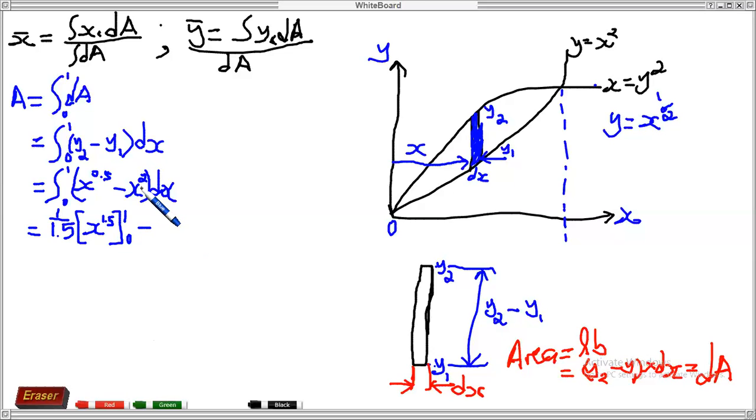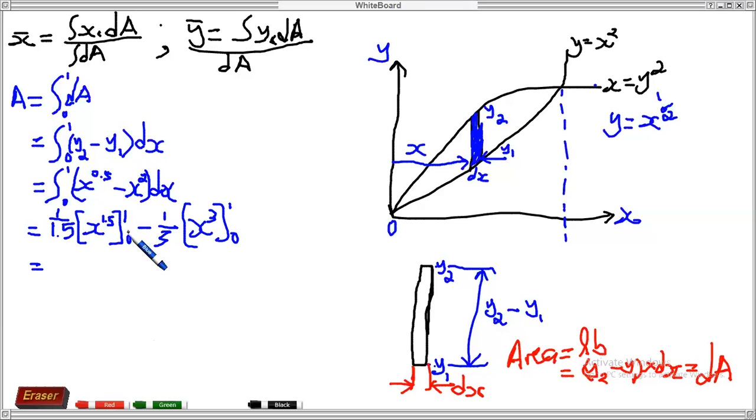Okay, then on this side, this should give us a 3. 1 over 3 here. Then this will be x to the power 3 at 1, 0 like that.